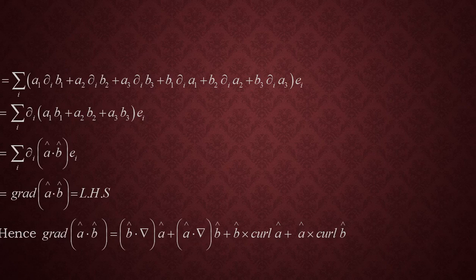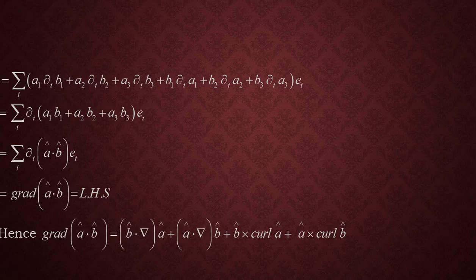If we observe the term in the brackets, A1 B1 plus A2 B2 plus A3 B3, that can be written as A1 i cap plus A2 j cap plus A3 k cap dotted with B1 i cap plus B2 j cap plus B3 k cap. That is nothing but A cap dot B cap. So instead of that bracket, if we substitute A cap dot B cap, we obtain RHS equals summation sigma over i doi of A cap dot B cap Ei.